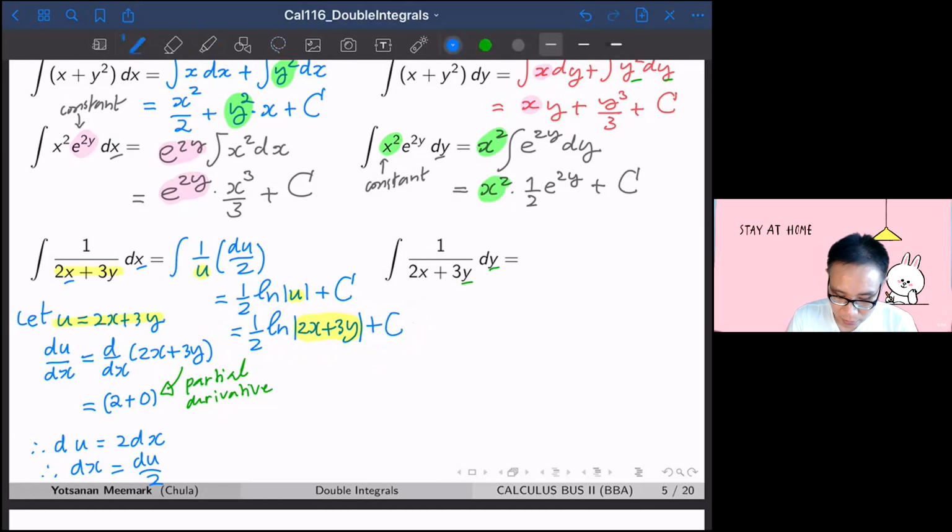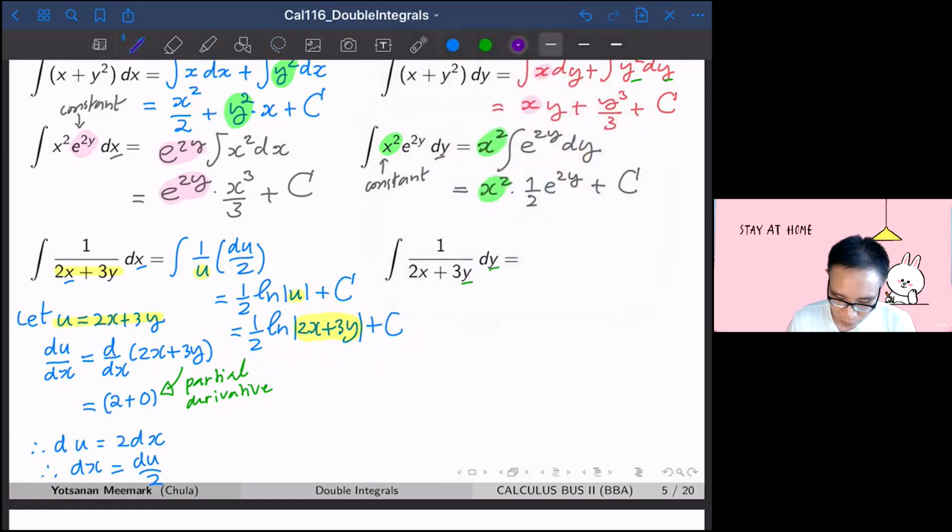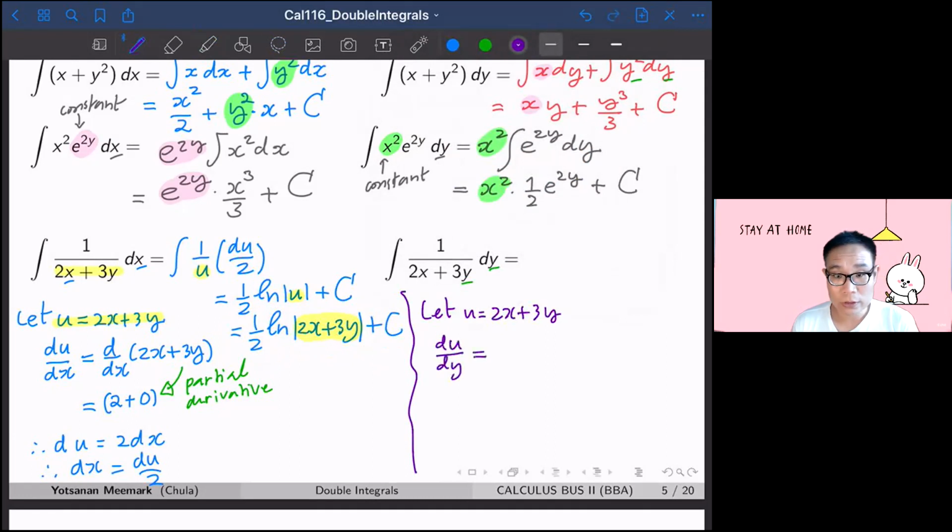For the last one, you're going to use the substitution again. You let u equal 2x plus 3y. However, you're going to differentiate u with respect to y because you'd like to solve for dy.